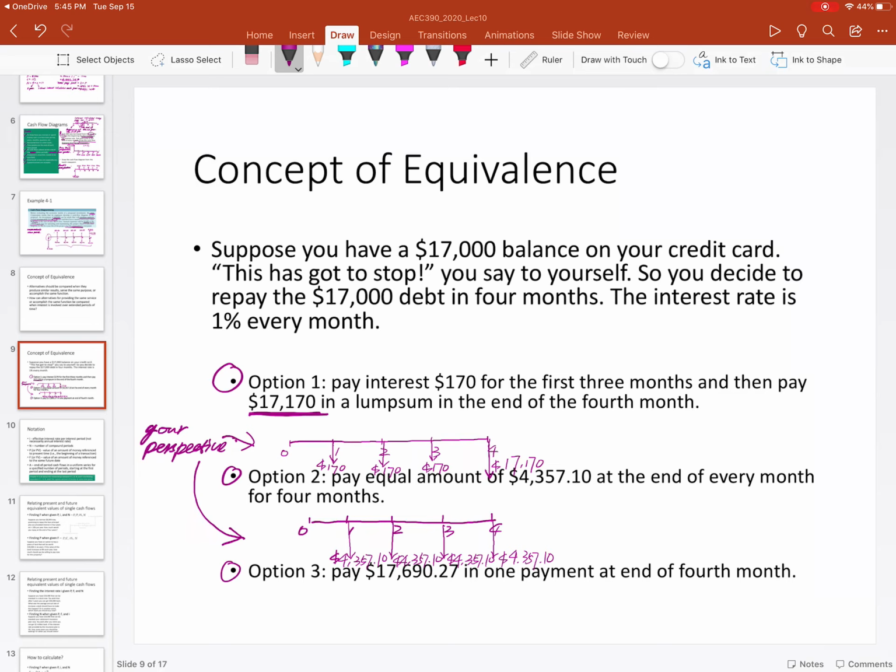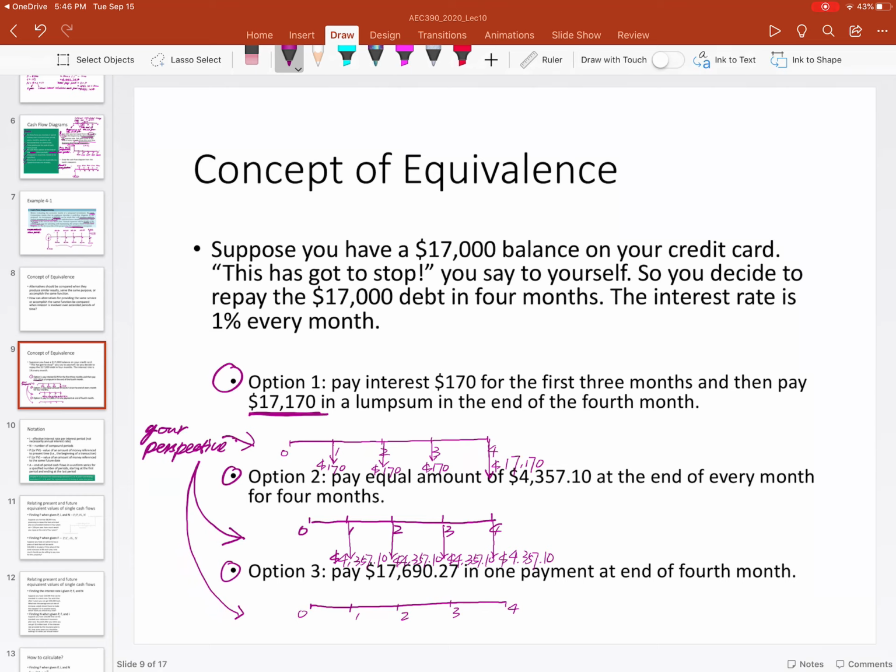That's the second option. And the third option is you don't pay anything during that 4 months, but at the end of the 4th month, you're gonna pay a lump sum. Okay? So we also draw this from your point of view. Timeline 0, 1, 2, 3, 4.